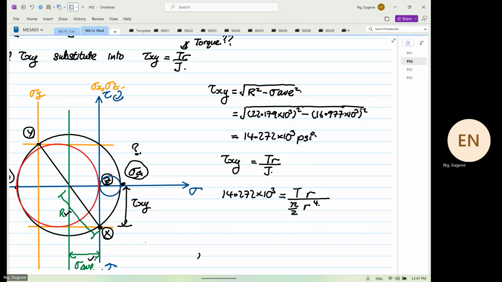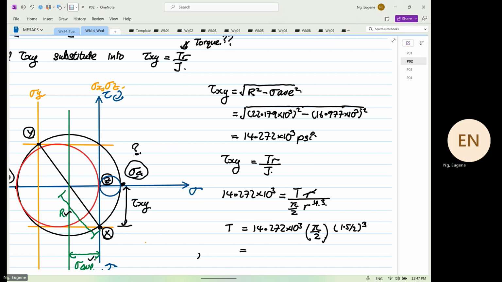Knowing this, we can cancel the radius once. Cube. So your torque will be equal to 14.272 times 10 to the power 3 multiplied by pi over 2, and then multiplied by the radius, which is 1.5 divided by 2, cubed.